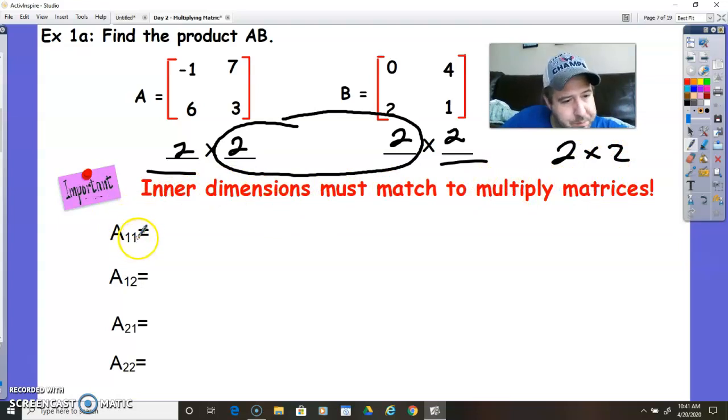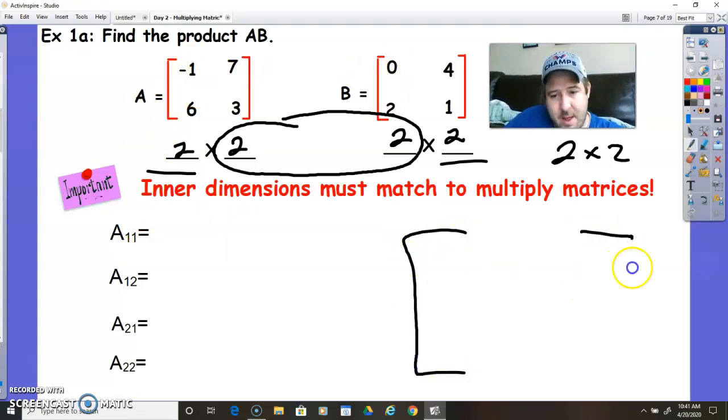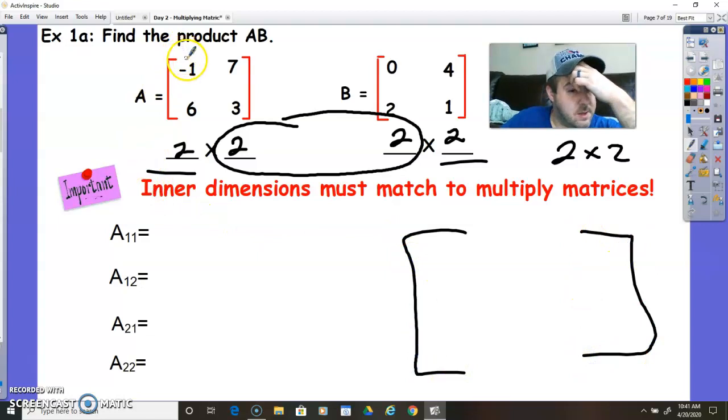Okay, so A1,1. So if I'm going to find this spot, I'm trying to find this new matrix. So what I do is I multiply the first row by the first column in order to get the first row, first column. This point right here is in the first row, first column.